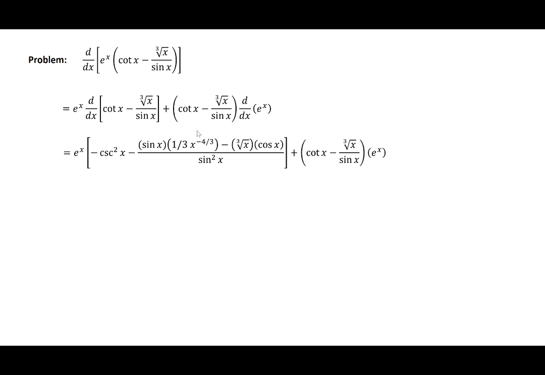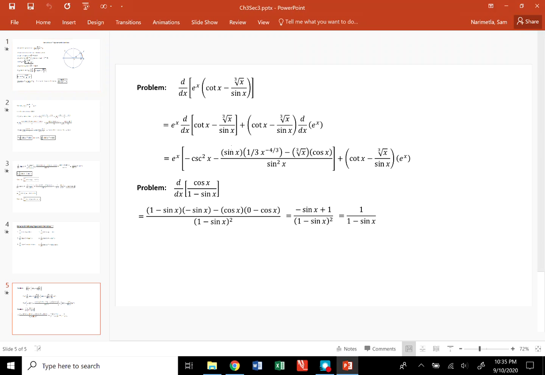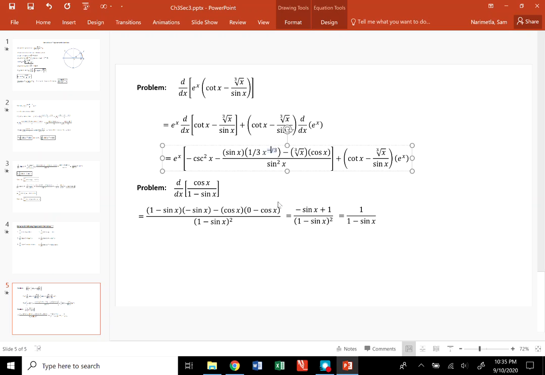I goofed. The exponent is 1/3 minus 1. I thought it was in the denominator. 1/3 minus 1 is negative 2/3. And the cube root of x times the derivative of sin x is cosine x. That looks okay, and this looks okay. So that's the only change I need to make.